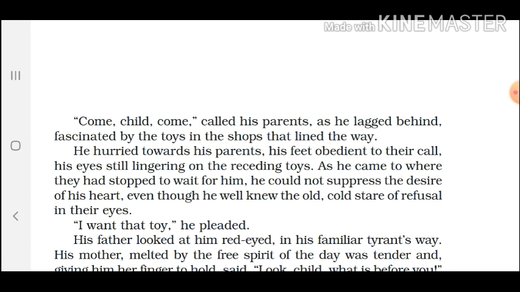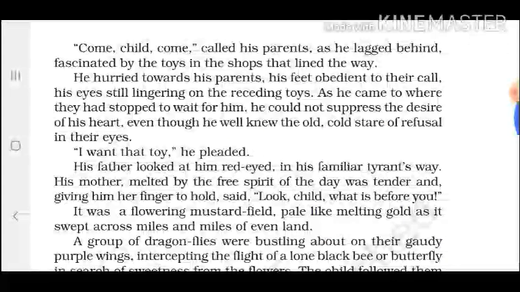Although he knew that whatever he asked his parents, they would not buy anything. But still, the child told his father, I want that toy. He pleaded means requested. The child requested from his father that I want that toy.